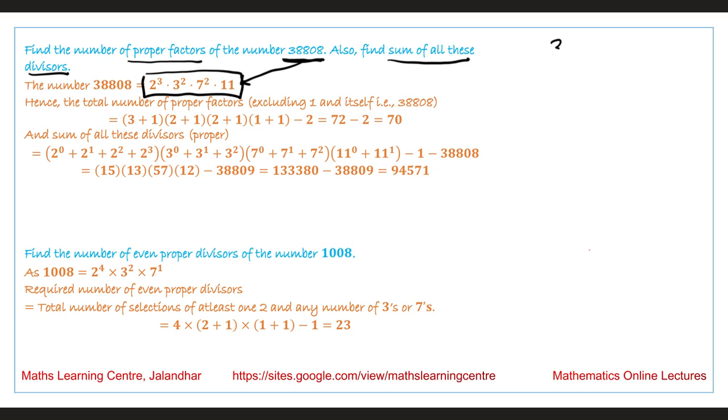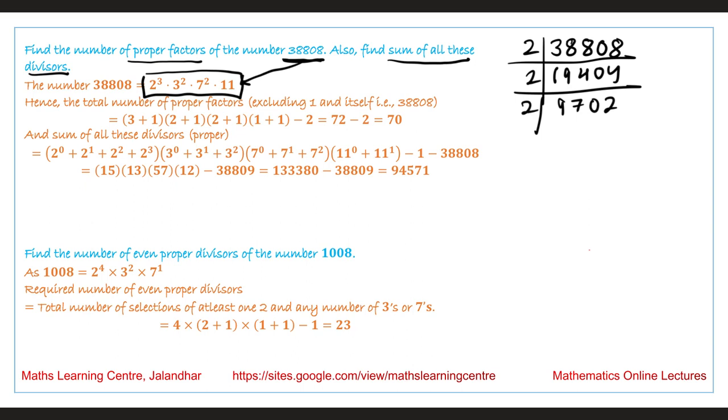We will write 38808 and start the prime factorization. We will obtain 19404, then 2, then 9702, then 2, then 4851, then 3 is the factor over here.